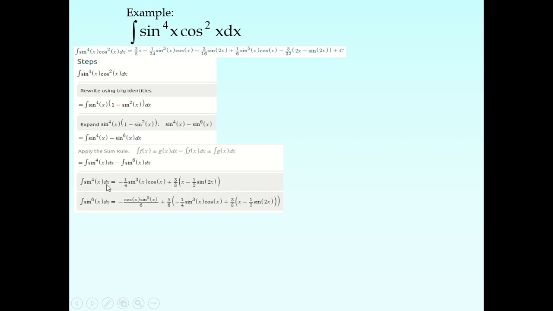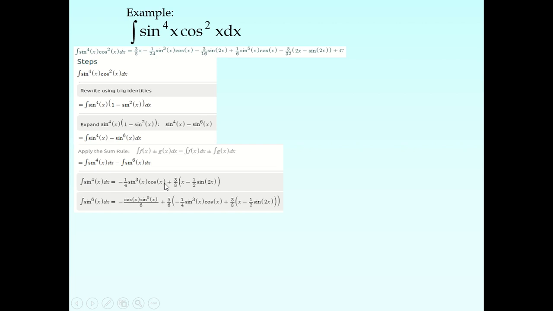Then using the reduction formula for integration, we obtain the integral equivalent of this. I mean the result of integrating sine to the fourth x dx is equal to this one.